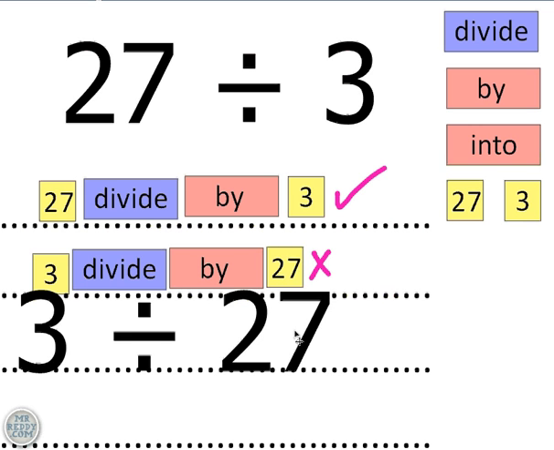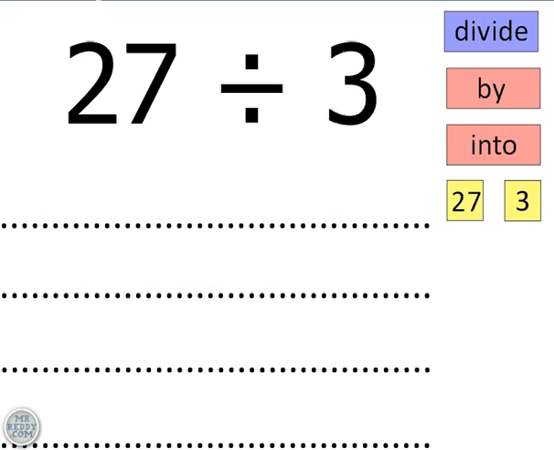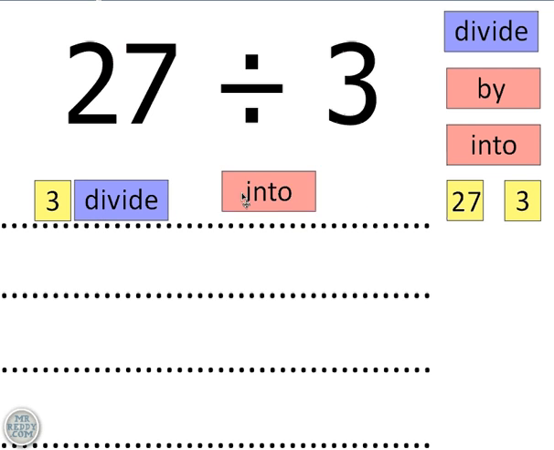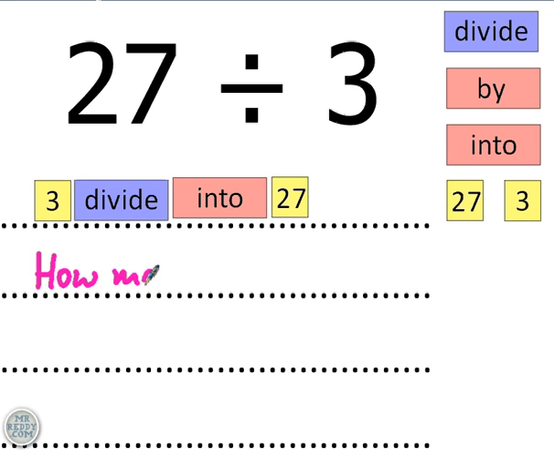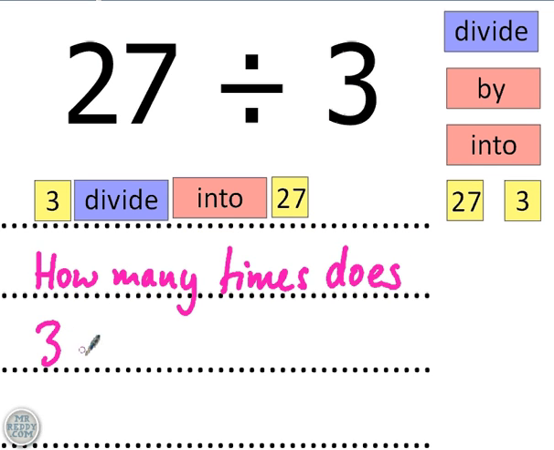Okay. Another way that you might choose to talk about it is using "divide into". So you could say 3 divide into 27. So that's sort of asking how many times does 3 go into 27.